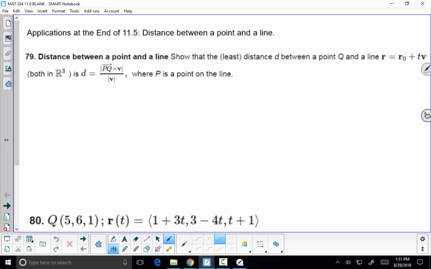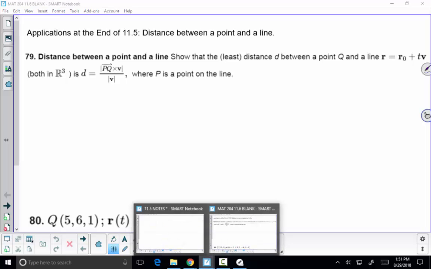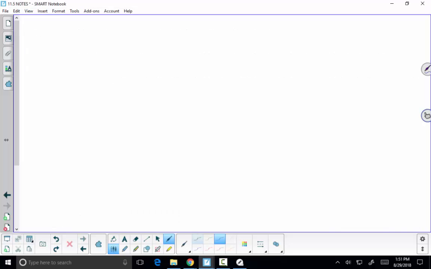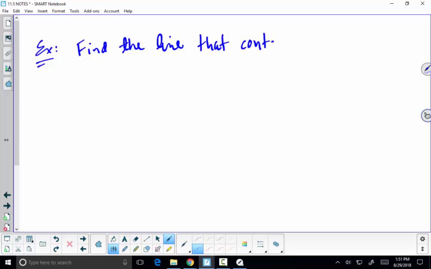Let's not go that far back. So here is one for you to try. So find the line that, I'm going to make it a little harder, so the last one is too easy.